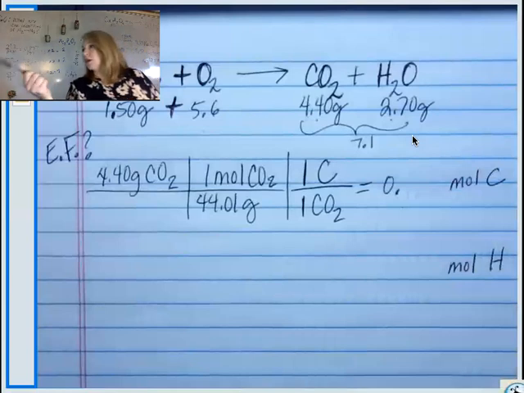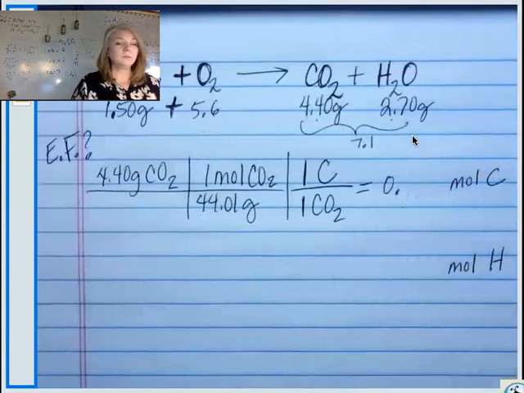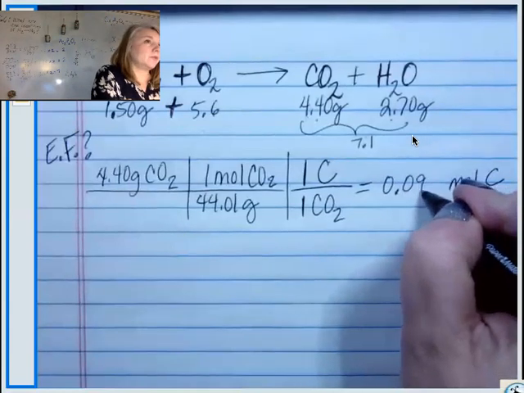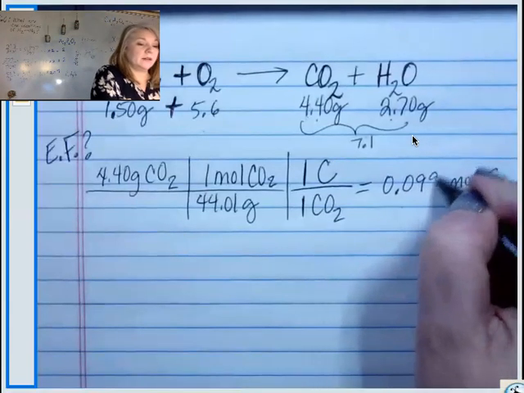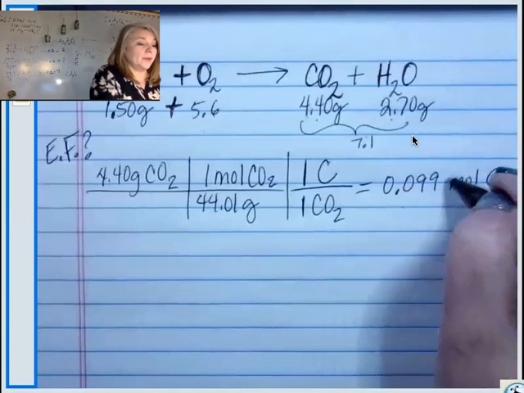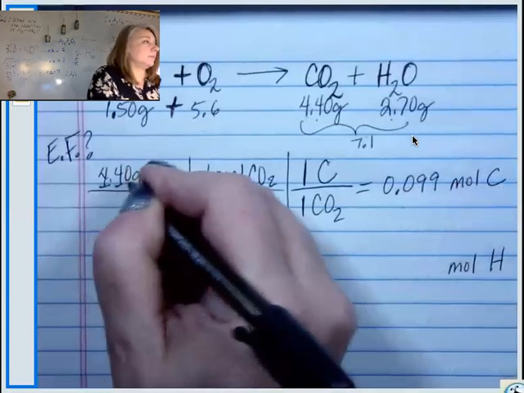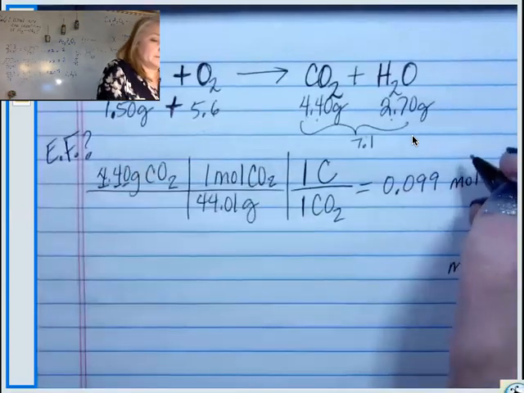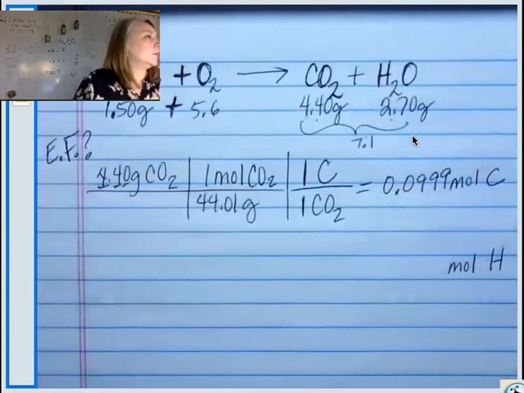You guys all should be plugging it into your calculator and coming up with a number. That would be good. 0.09. What's after that? 9. Okay, and let's go one more because this had 3 sig figs in it. 9. You good with that, Sandy? Okay.